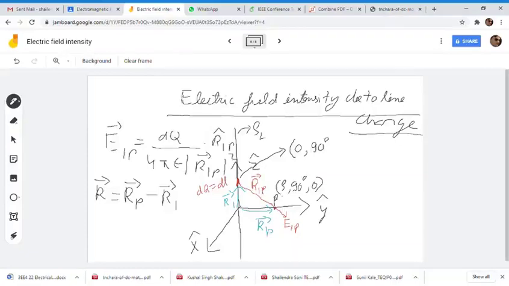Previously we took 0 degree, and that brought some complexity in the equation. So here we are taking 90 degree to remove that complexity. And on the z axis it is placed at some length, let us say z. Okay, so now we can write this vector r1p.